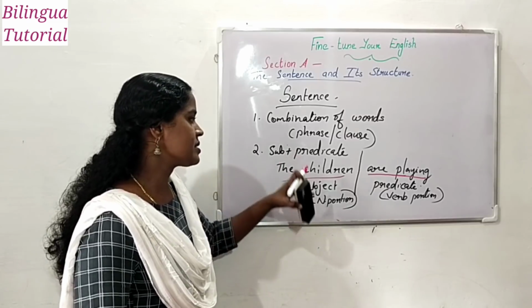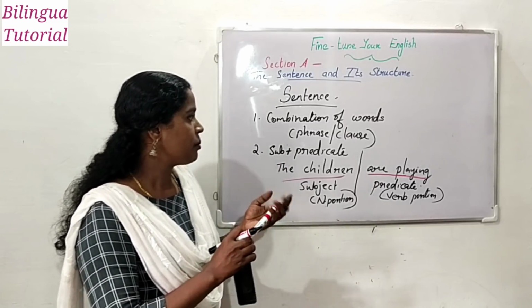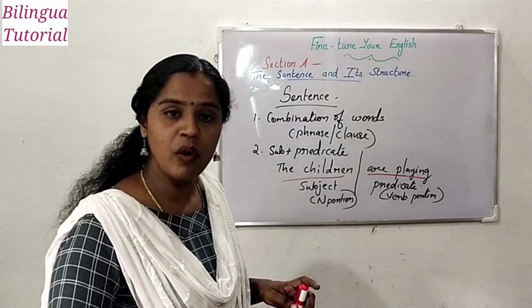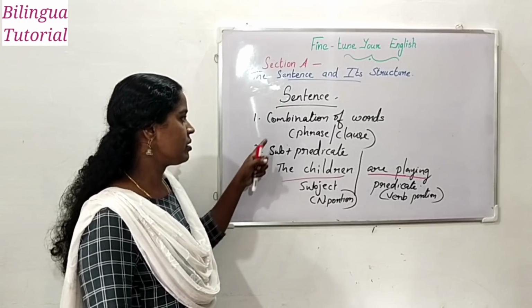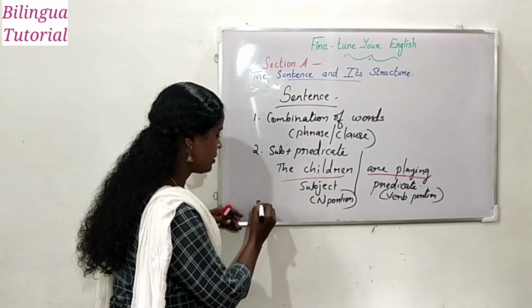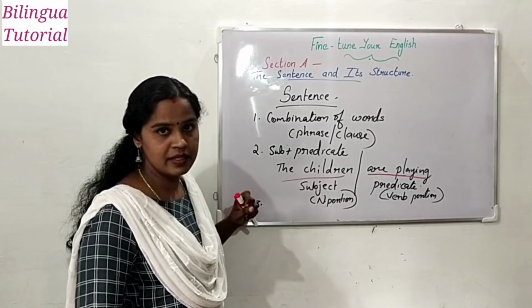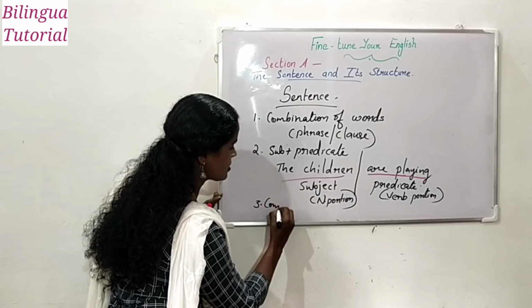So I think it is clear. Subject and predicate is clear. But we have to discuss some more details about the subject and predicate. Before that, we can conclude what is the explanation for a sentence. One more thing is needed, a complete meaning is needed. So for the sentence, they need a complete sense.